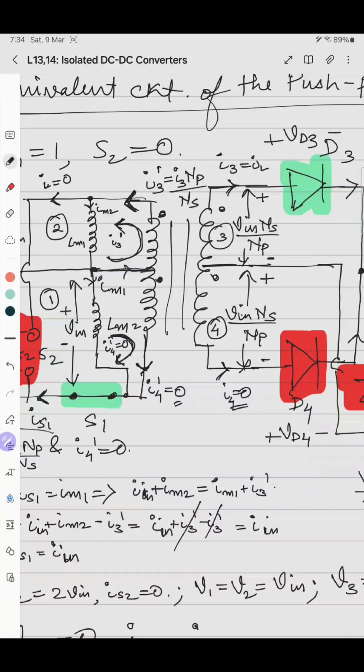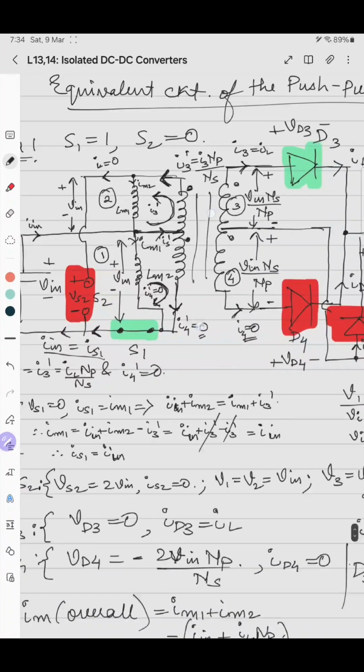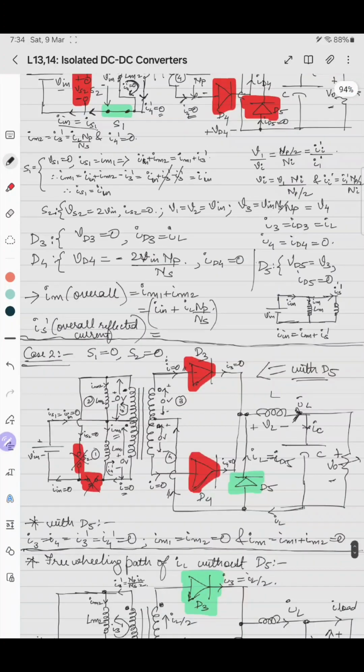So this is the overall IS dash, that is the overall reflected component of the secondary current to the primary side, as if it was not a center tap transformer. So in this case, IS dash is I3 dash plus I4 dash.